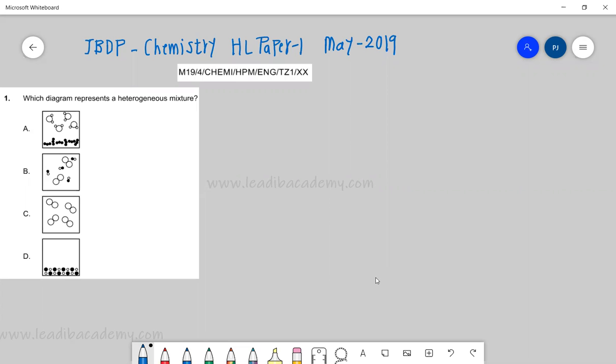What does it mean by hetero? Let's start understanding what it means by heterogeneous. Heterogeneous means 2 different phases: phase number 1 and phase number 2.